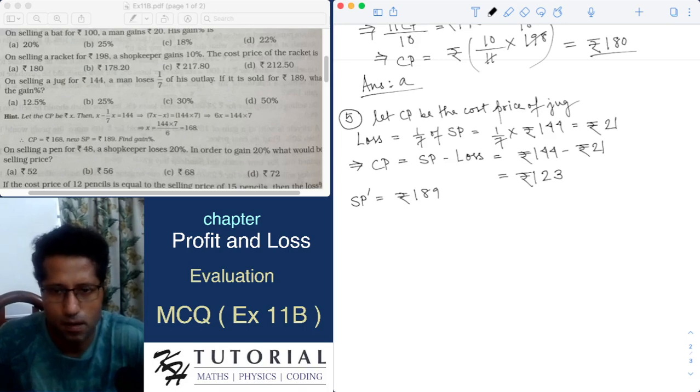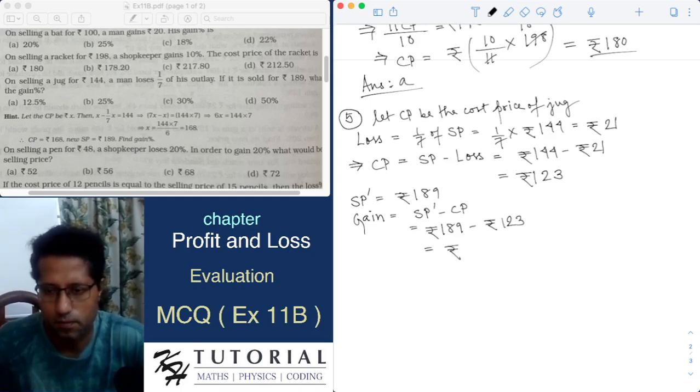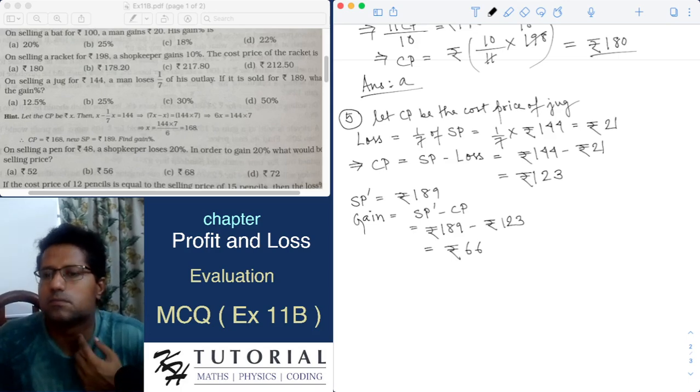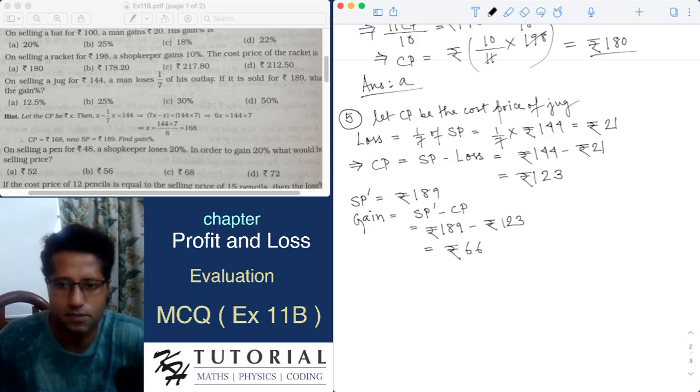So gain based on SP dash will be SP dash minus CP, which is rupees 189 minus rupees 123. This is rupees 66, which is the gain.